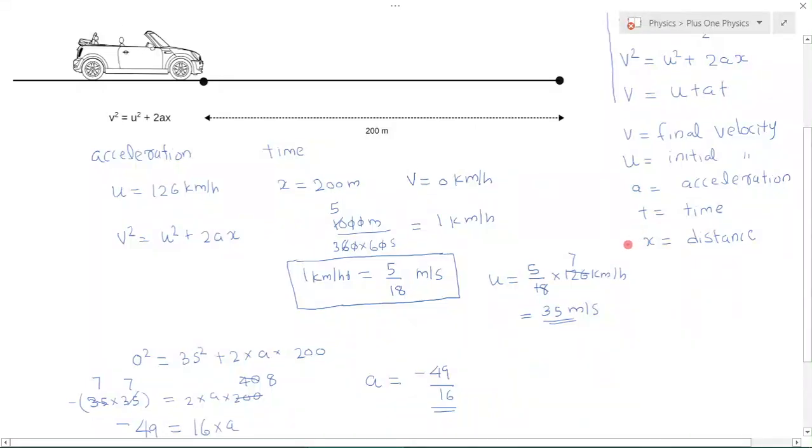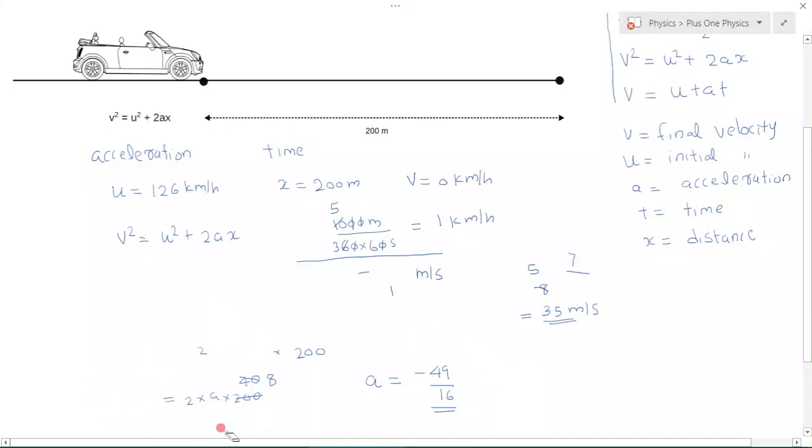Okay. The next thing is we have to find the time. So I am erasing all this. Okay, because we have to do this.